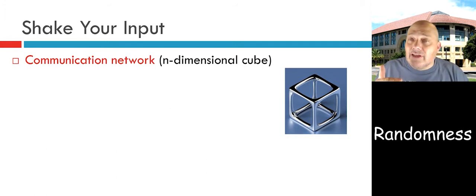In particular, the node whose name is 00000 is connected to 10000 or 01000. It's connected to every other string with exactly a single one. And similarly, every string is connected to every other string that you can get by changing a single bit. And this is just one example. In fact, this idea goes much further.